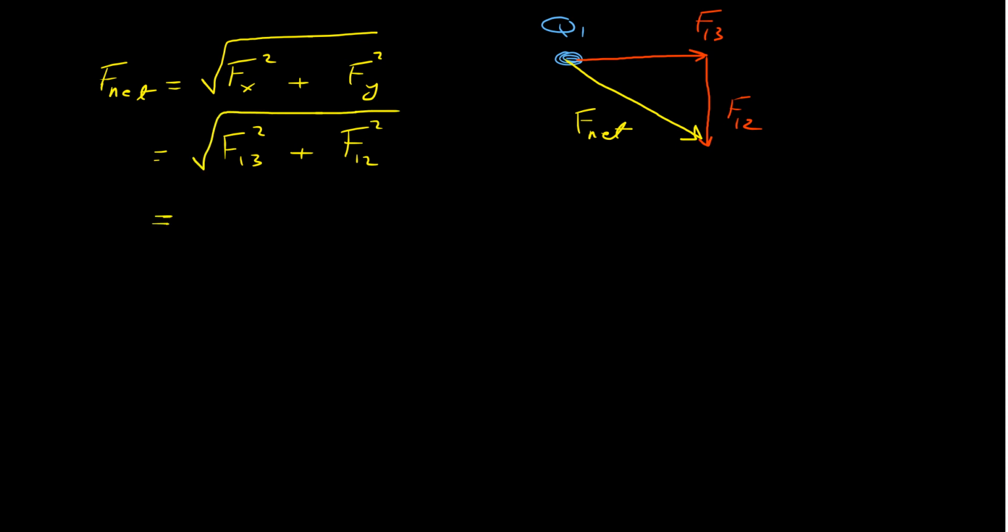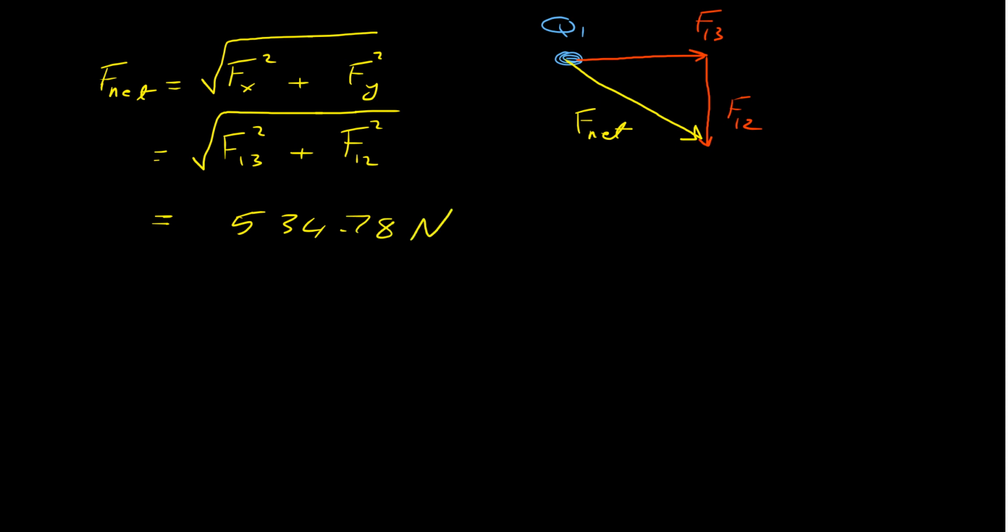Now, if we do the math on this one, we just add them up: 445 squared plus 296.6 squared, and then square root, that will give us 534.78 Newton.